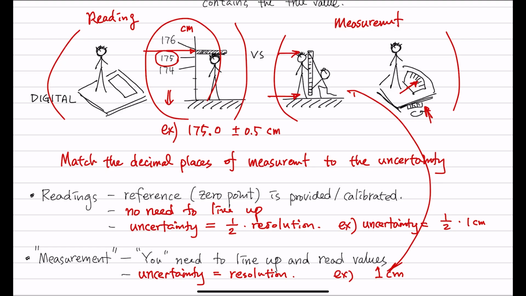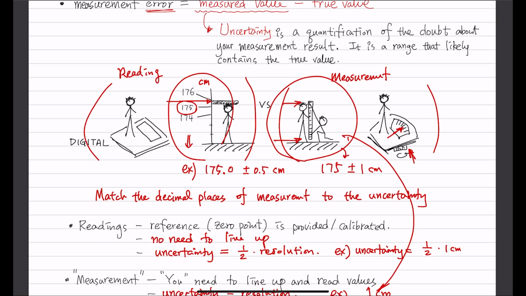On the other hand, if we express the uncertainty for this case, it's going to be 175 plus minus 1 centimeter, because this one here has what? The decimal places to the ones, right? So we're not having that dot there. Does that make sense? Okay.